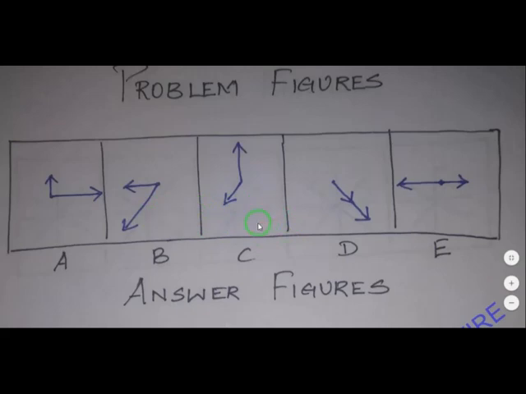You first take a small arrow. Just assume that asterisk, whatever we solved in the last problem, you draw that asterisk and write the small arrows. Okay, small arrow.